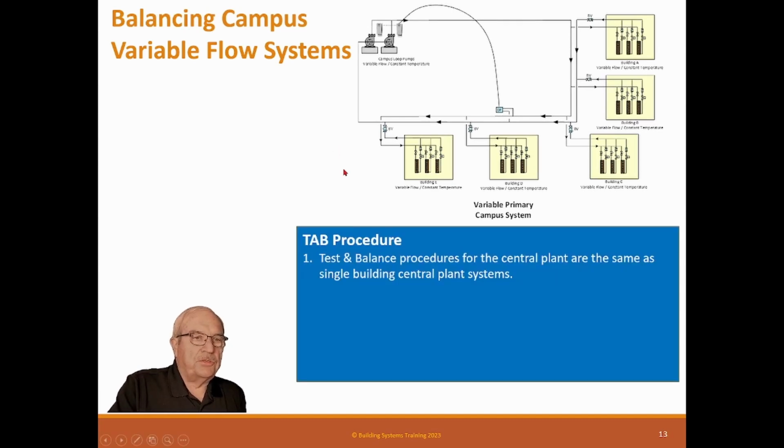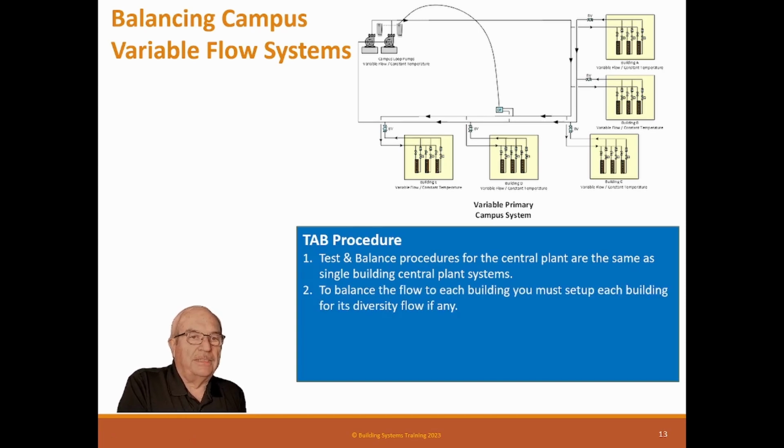Test and balance procedures for the central plant are the same as for any other central plant. Nothing different there. For the balance flow for each building, you must set up each building for a diversity flow, if any. So now here's the problem. Say that you look out here and you add up all these buildings and you realize you've got an 80% diversity flow.